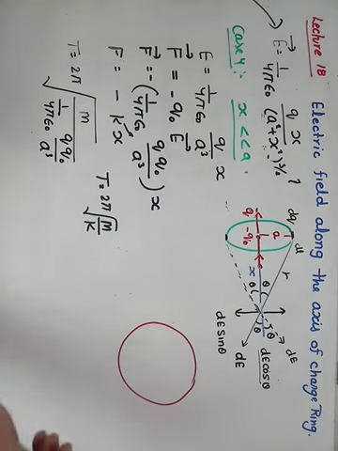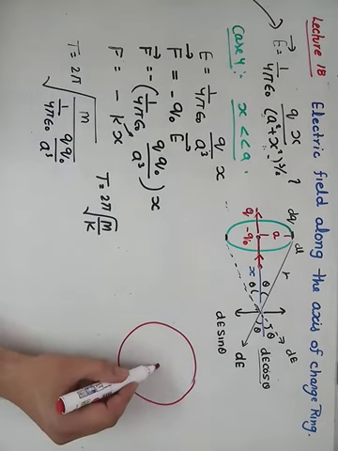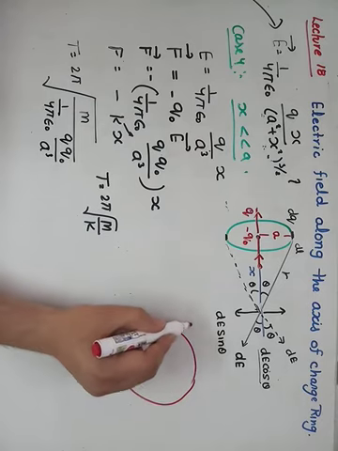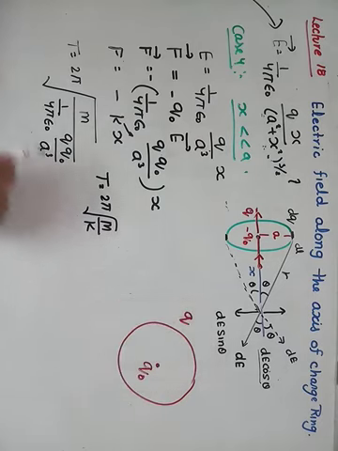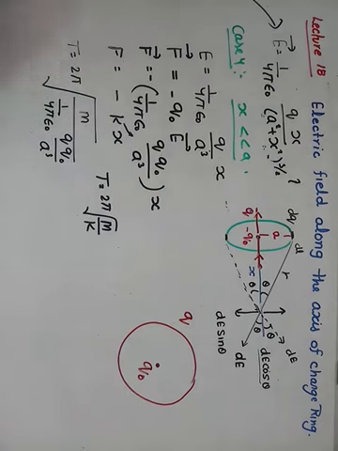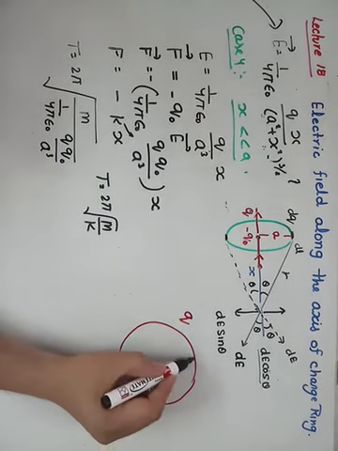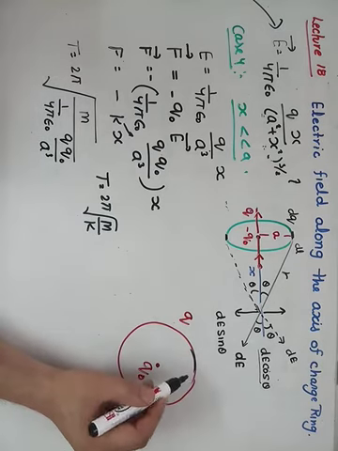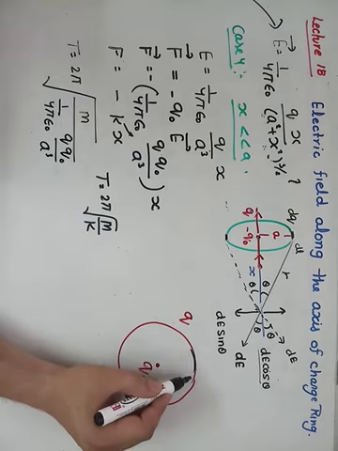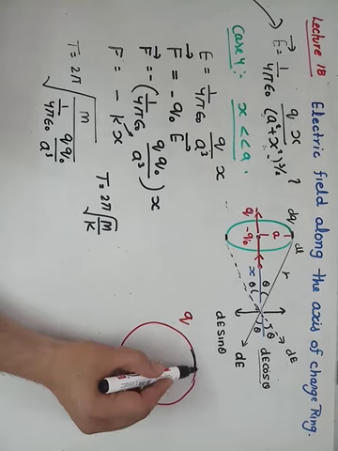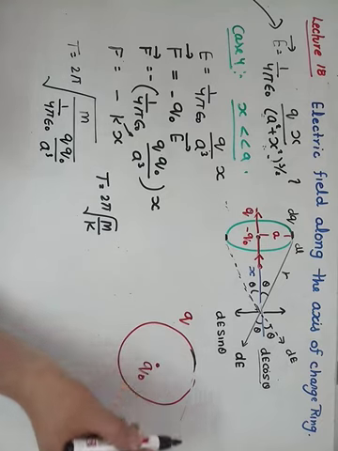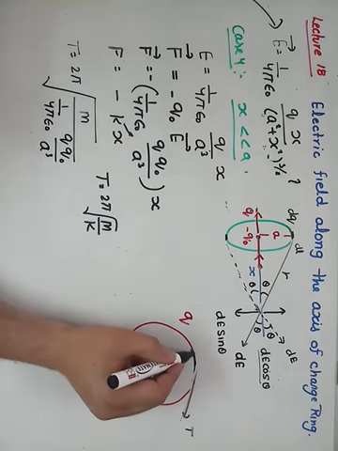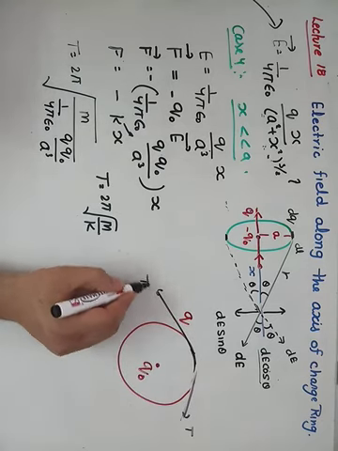Suppose this is a ring, and we place a charge, say Q naught, at the center, and this is Q charge. For any small portion, say dl length, how will the tension act? Tension will act tangential to this dl part, like this. Here also it acts tangentially.